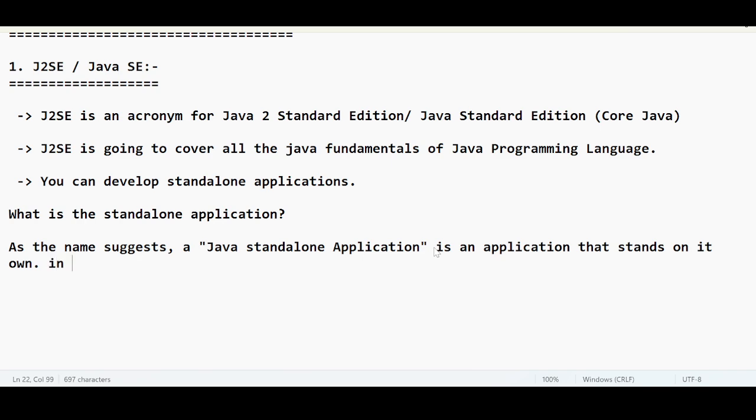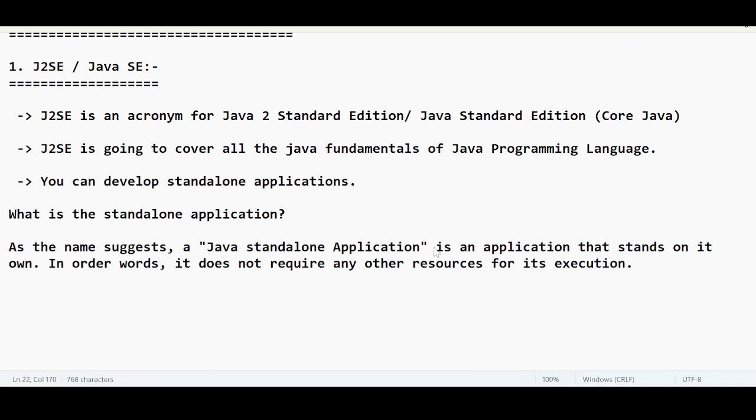In other words, for simplicity, it does not require any other resources for its execution. You open the laptop without any internet connection. If you're able to operate the applications, that's it. That is a standalone application. No need to keep any doubts.